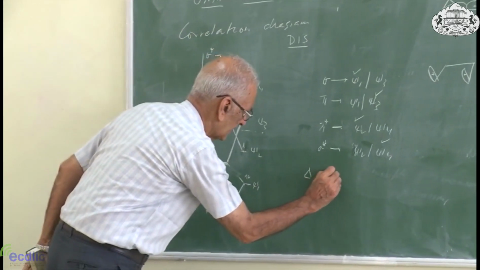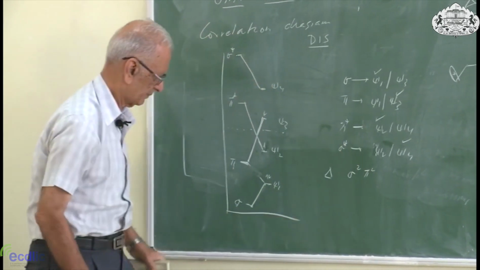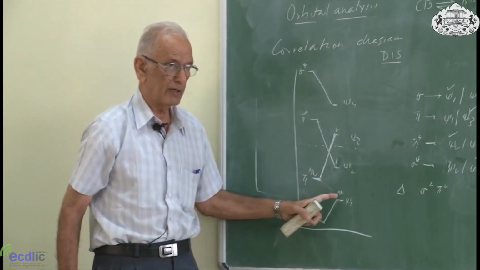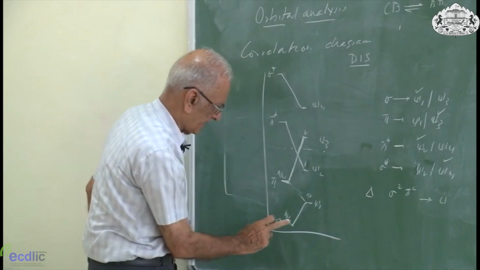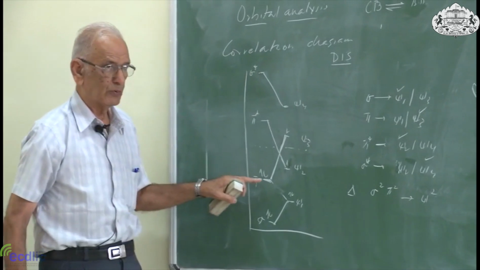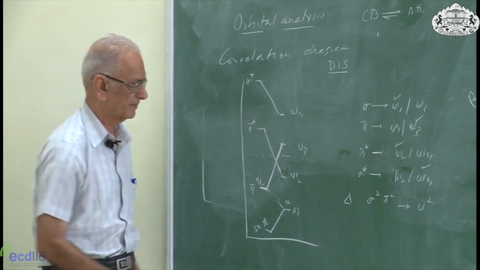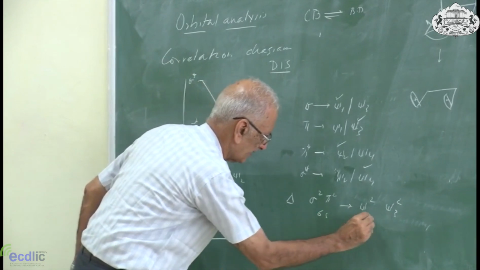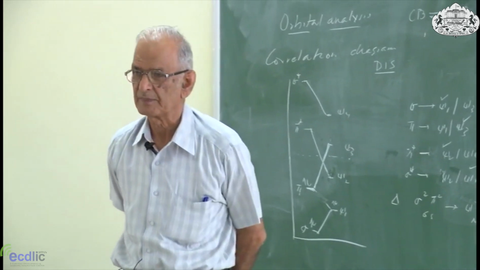What is your ground state? Thermal reaction: sigma 2 pi 2. Sigma 2 will go into psi 1 2. Pi 2 will go into psi 3. This is not the ground state, therefore disallowed.